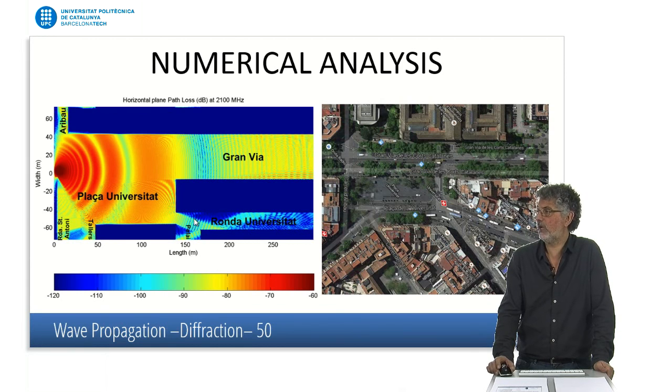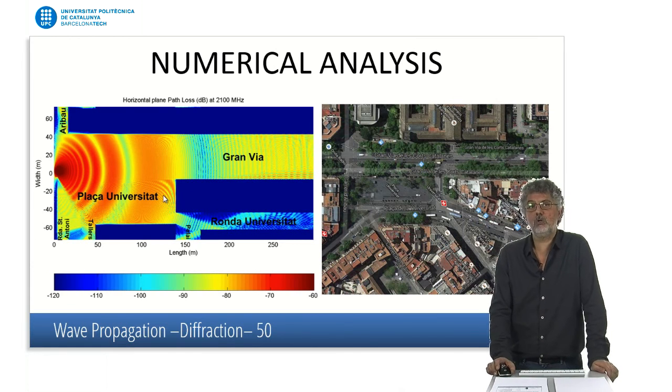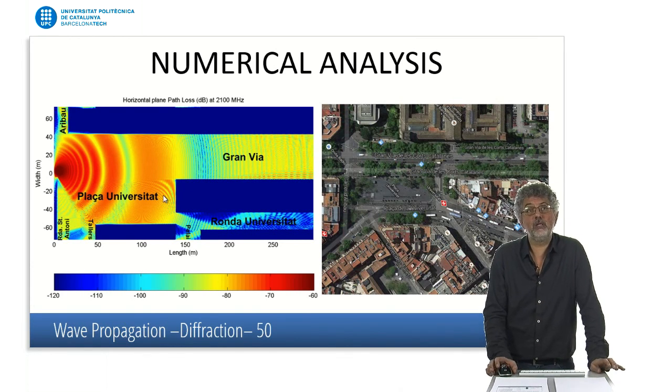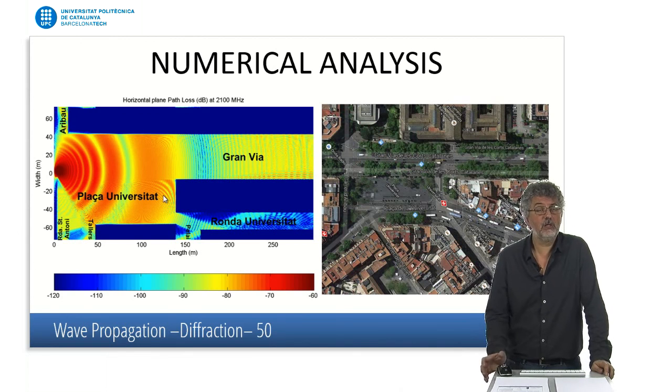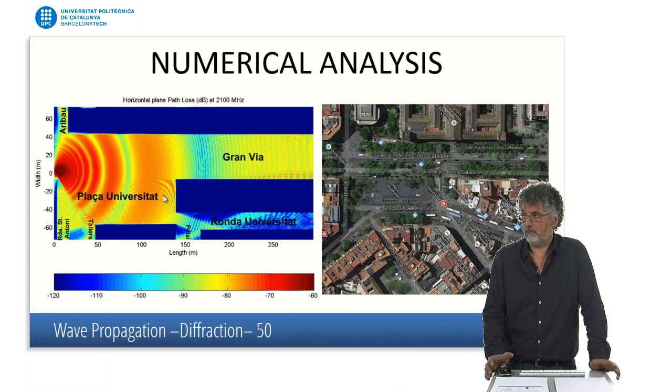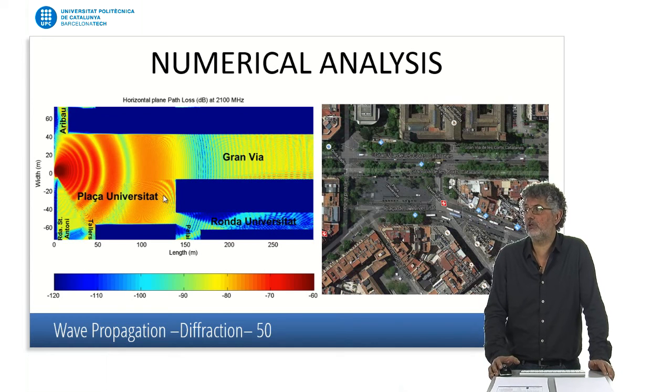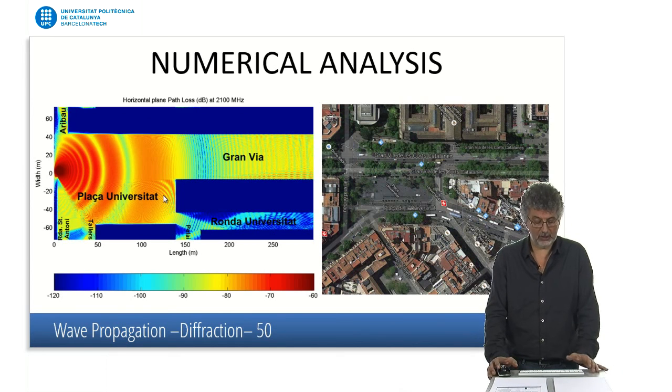We can see how we have reflection of the buildings that are able to give certain coverage. So notice that with the tools we have already presented, essentially considering reflections and diffraction, it is possible to include this in numerical analysis and make predictions of propagation in certain environments.